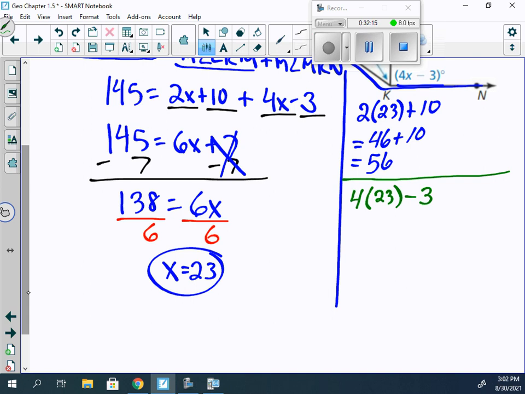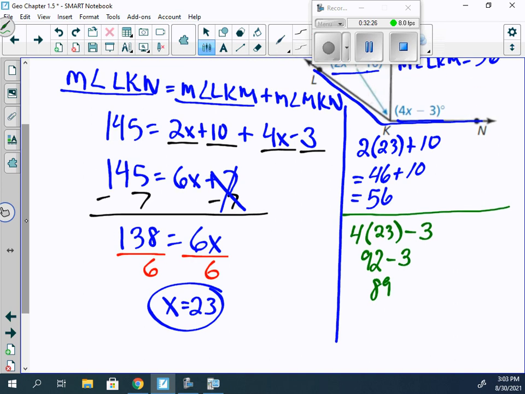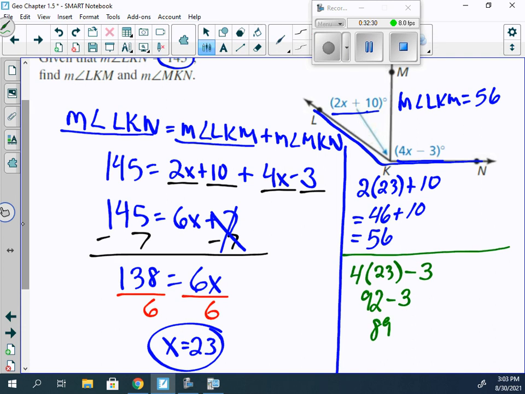Well, 4 times 23 is 92, and 92 minus 3 is 89. So the measure of the other angle, the measure of angle MKN, is 89.